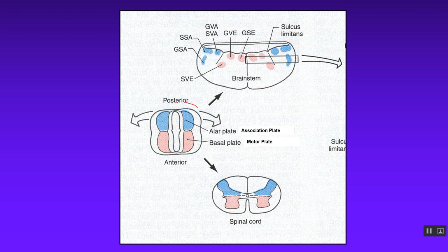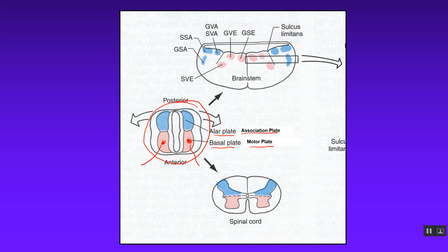This is the developing neural tube, and it's differentiating into the basilar and alar plate, also known as the motor and association plate. So your cell bodies for your motor neurons are going to originate here.